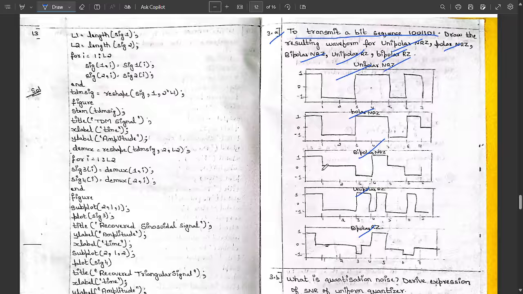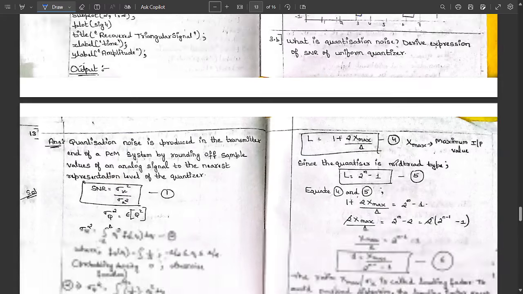In case of bipolar, once it is 1, then it is 0, and the next time it comes to 1, it goes to the negative half cycle. So upside 1, then constant 0, then 1 downside; it goes up and down in this sequence. Unipolar RZ is the same thing but only for half cycle. You can note down these waveforms.